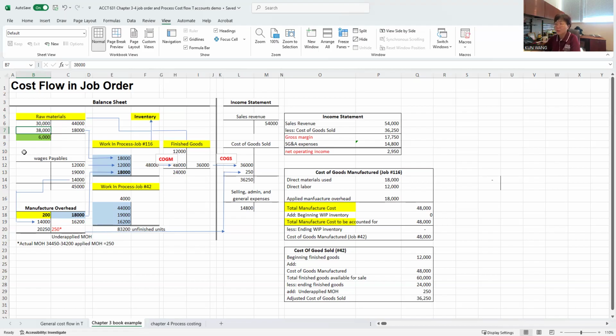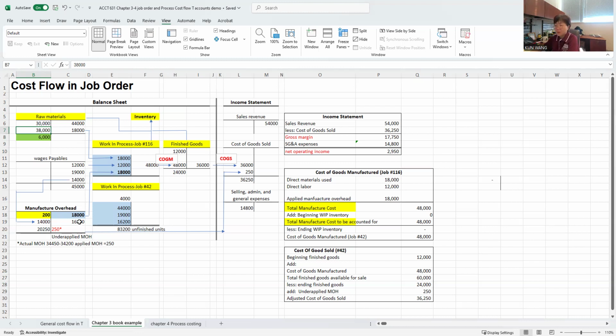But you may have some supply used for indirect purposes, so you have 200 of indirect material, but it's not put in the raw material account. And then direct labor and indirect labor.